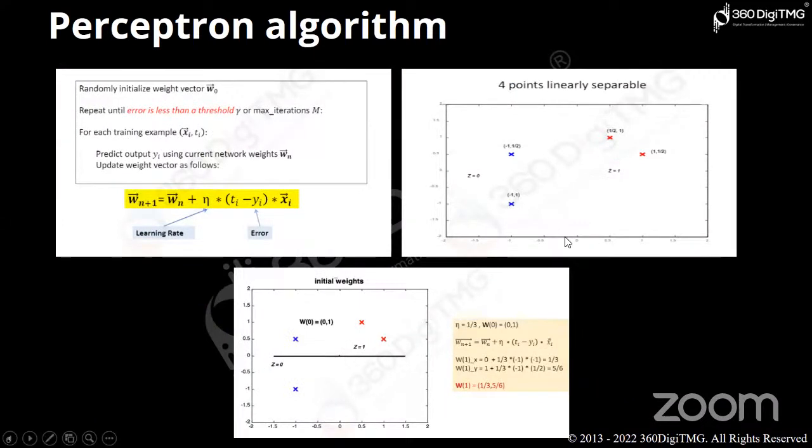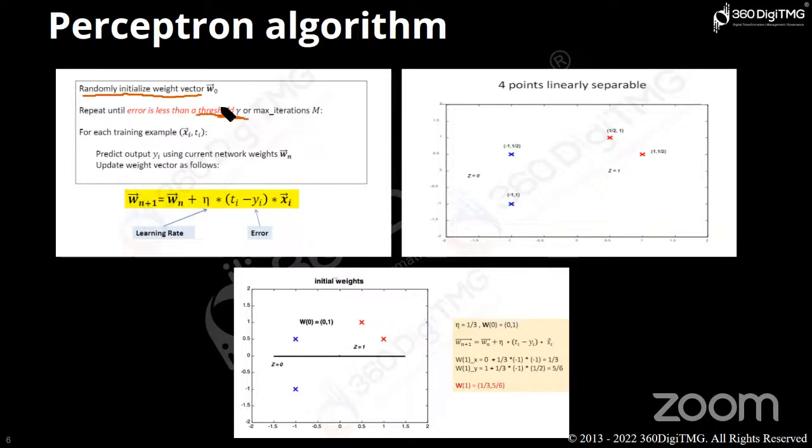So we first initialize random weights. We randomly assign some weights. Those weights are assigned by the algorithm. All right. Then we set a threshold.